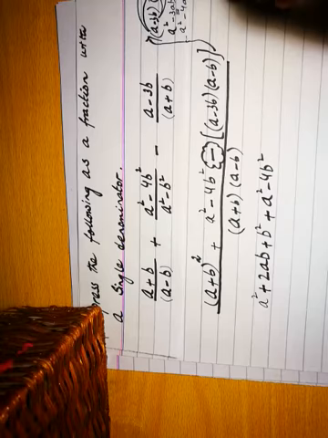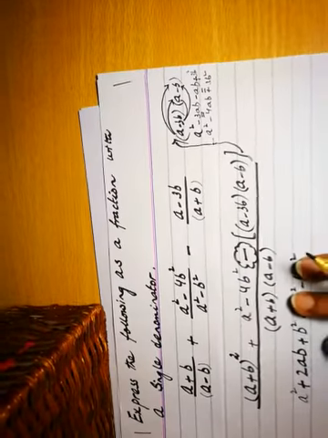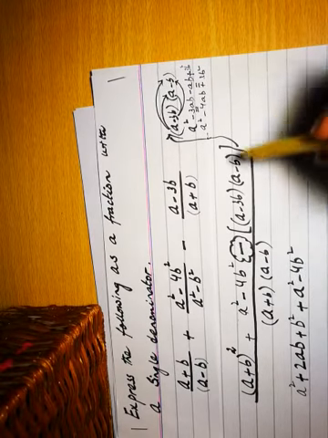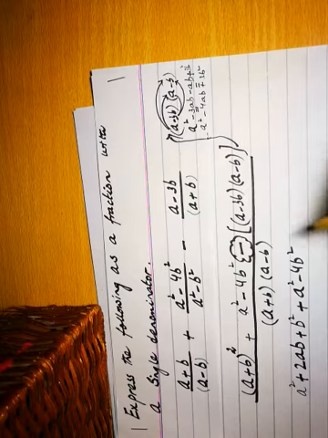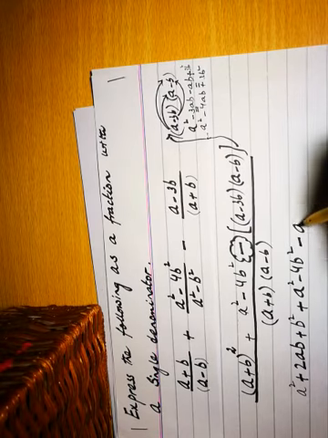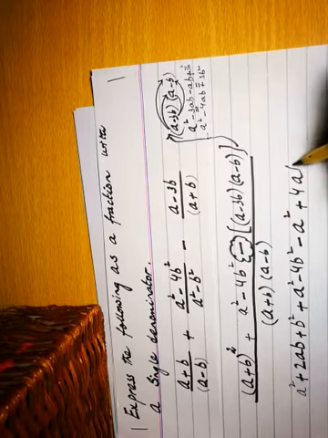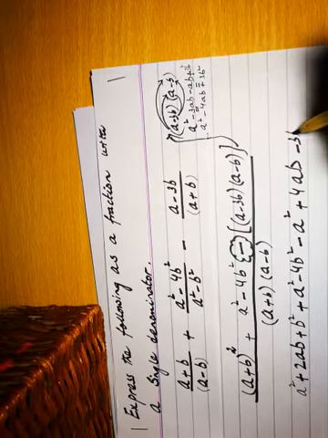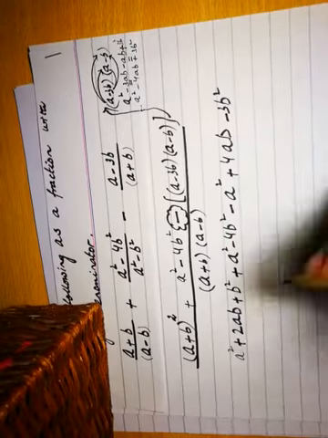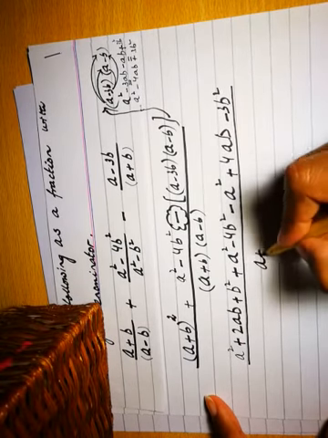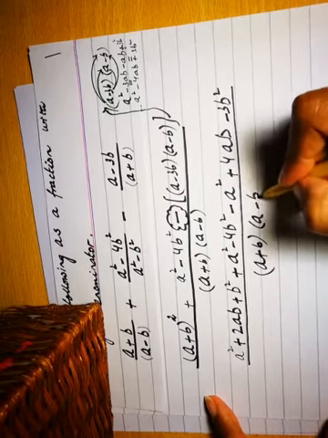And now this term, the whole thing, a square minus 4ab plus 3b square, because of this negative, signs will be changed. So I'm going to have minus a square plus 4ab minus 3b square, and I'm going to have a denominator that was a plus b, a minus b.